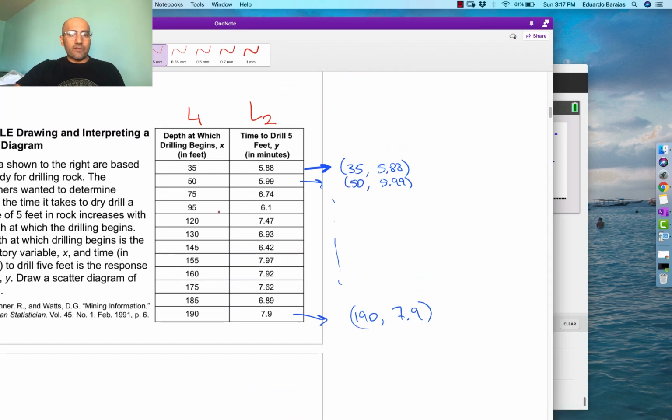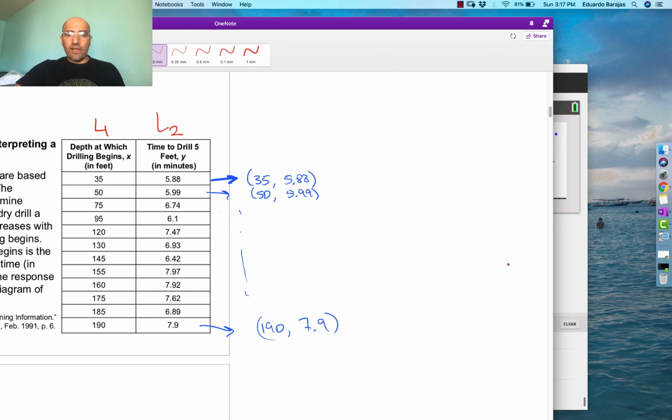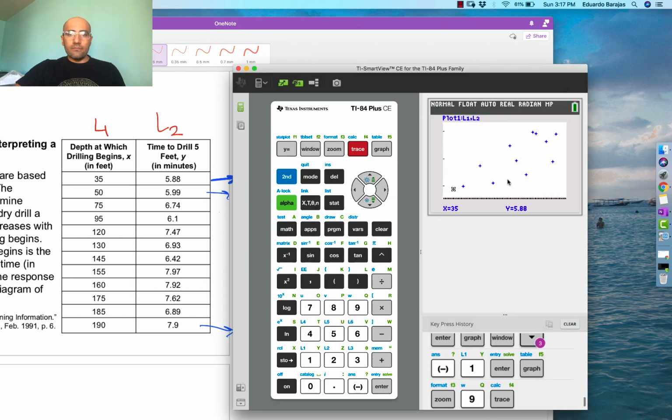That corresponds to the first table value. Good. And then if we go to the next one, it's 50, 5.99, and then the one after that is 75, 6.74, and then 95, 6.1, and so on and so forth. So we can dig around and find the one we want.